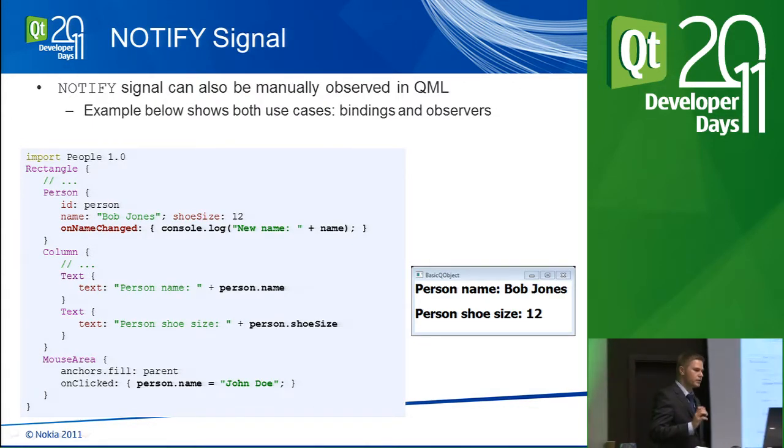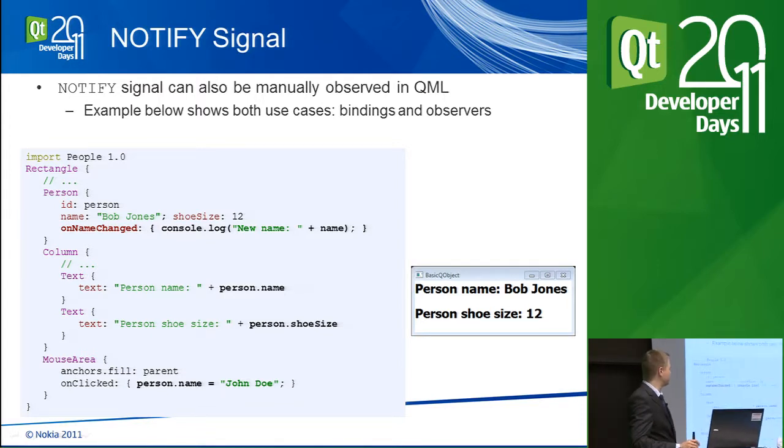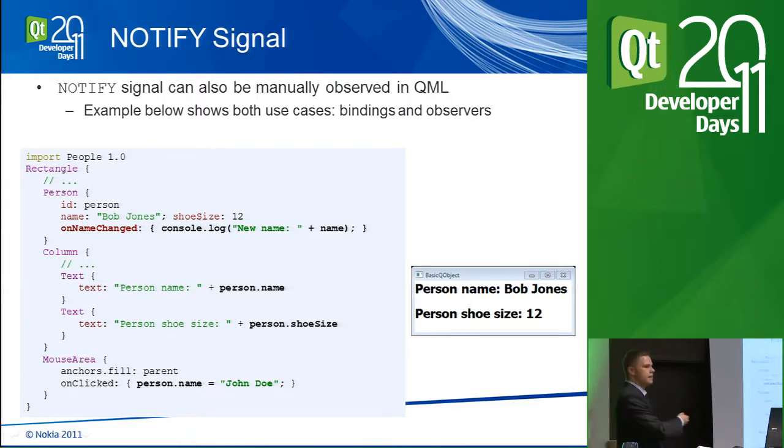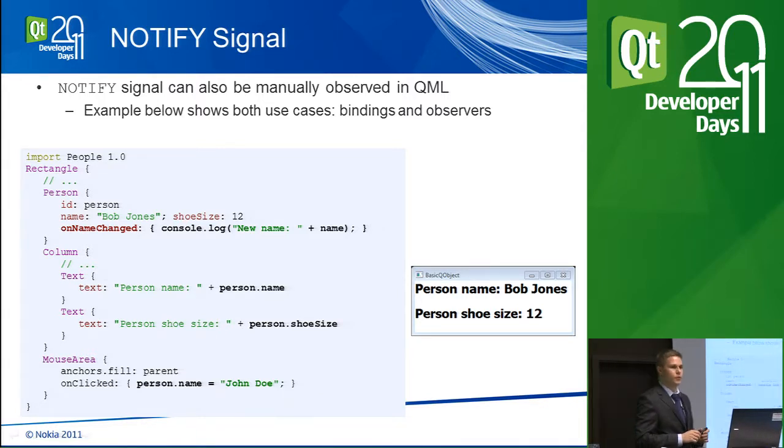And this is actually something I'm sorry to say is not covered by these slides because we are putting a lot of information in a relatively tight schedule. But the mechanism for defining signals so that they are available in QML has a naming convention.